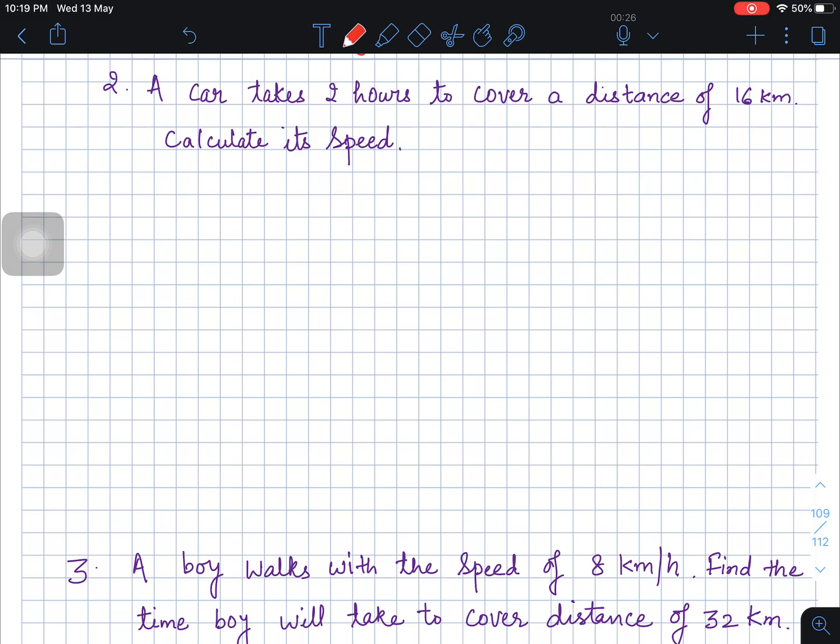A car takes 2 hours to cover a distance of 16 kilometers. So this becomes my distance and this becomes my time. I have to calculate speed. Again, speed is equal to distance upon time.